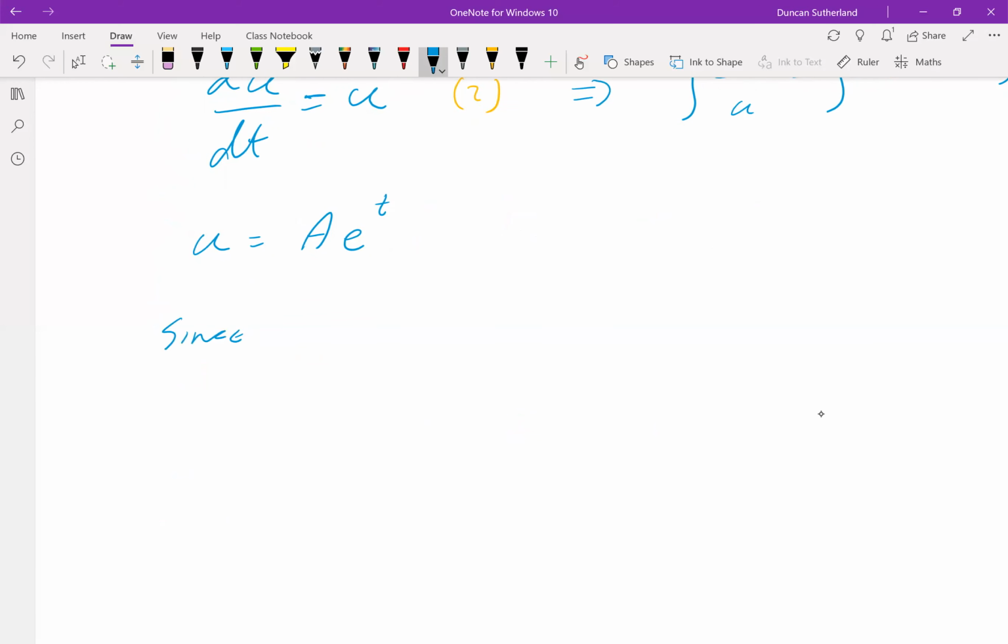Since u(x naught) equals 2x naught. Now this is x naught on our characteristics, right? It's the x value at time t. Right, so that we've got this initial pulse thing as well.